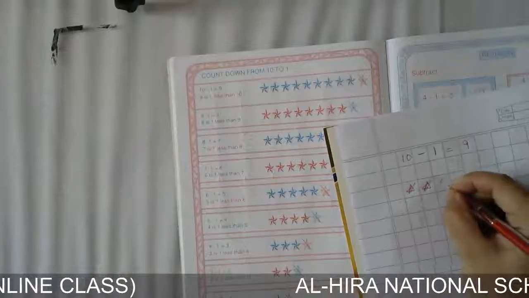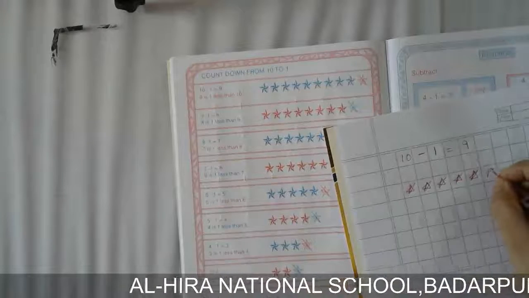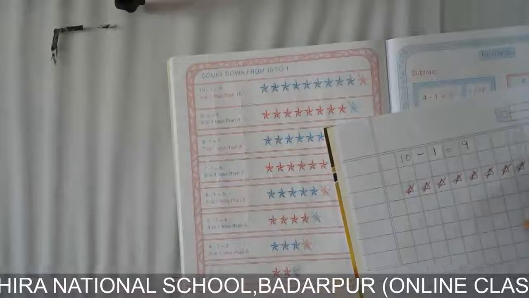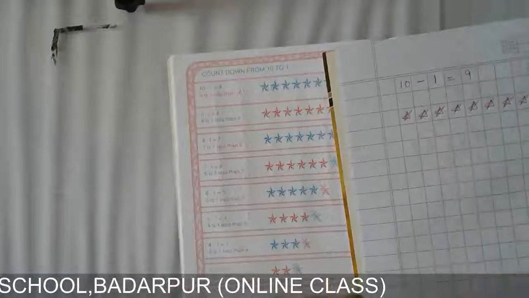Okay, so 10. How many stars you will draw? 1, 2, 3, 4, 5, 6, 7, 8, 9, 10. 10 stars I have drawn here.